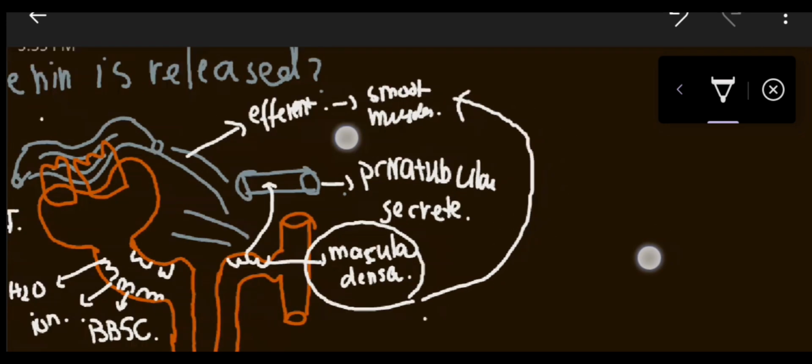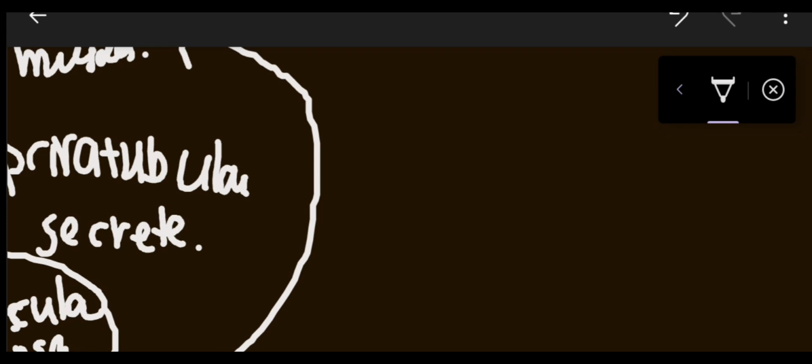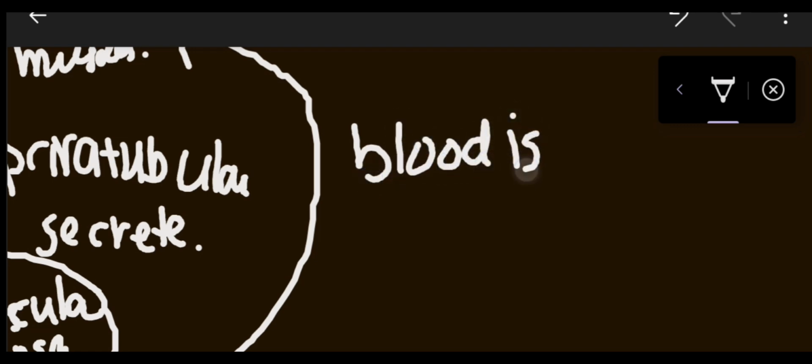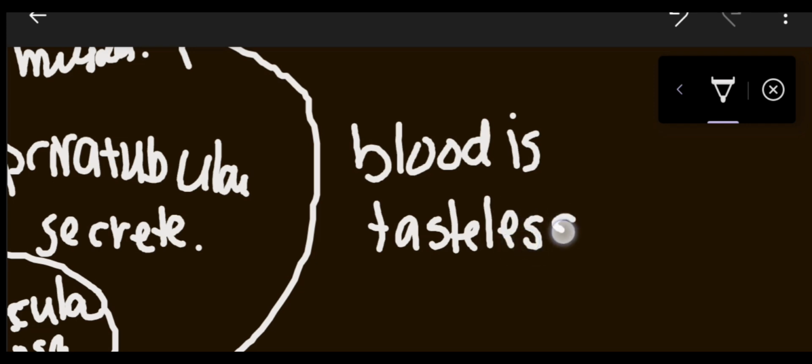They will give the signal to the smooth muscles that the blood is tasteless. The blood there is basically tasteless, okay?